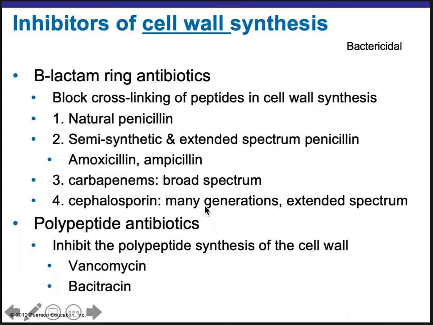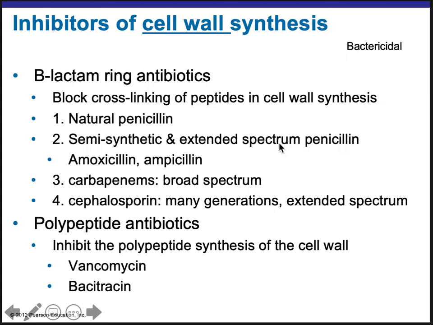Okay, so we have natural penicillins that have the beta-lactam. We have penicillins that we've modified, so they're semi-synthetic. They have a natural portion and a synthetic portion that have been linked together. And semi-synthetic can be to make it more broad spectrum, right?